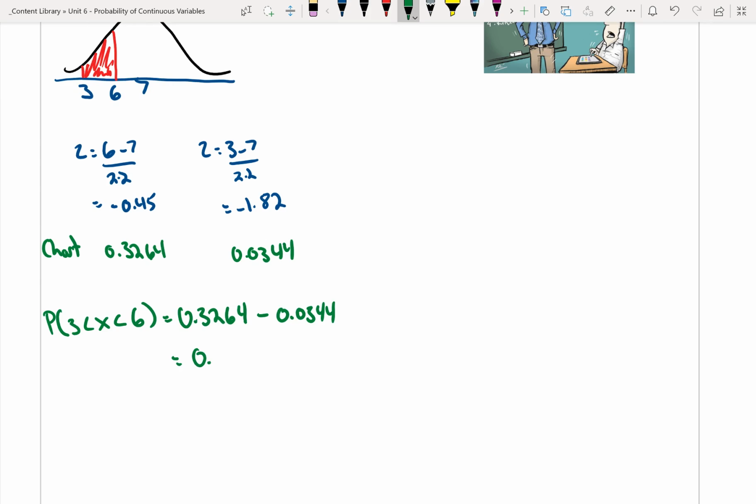So I get 0.292, so therefore 29.2% of the class is between 3 and 6.